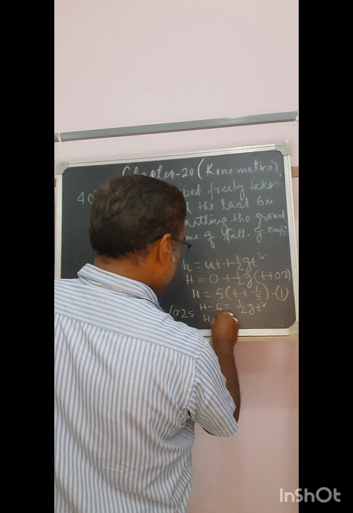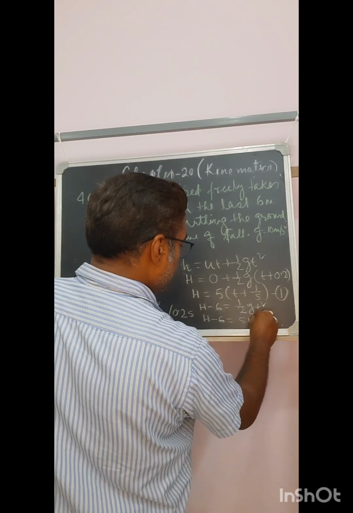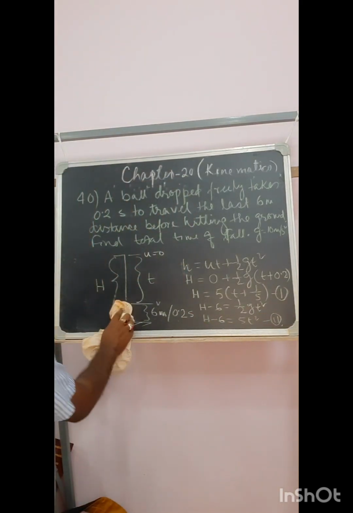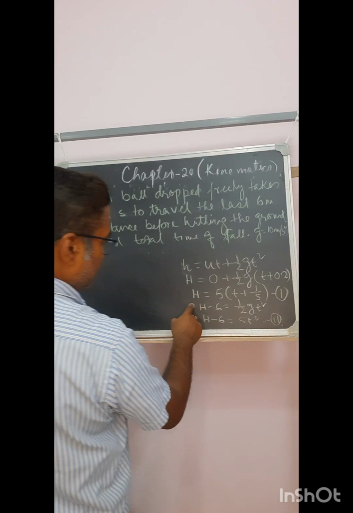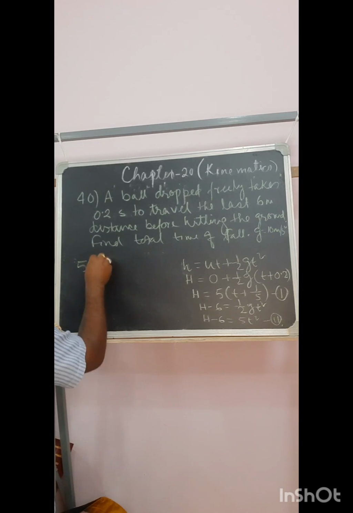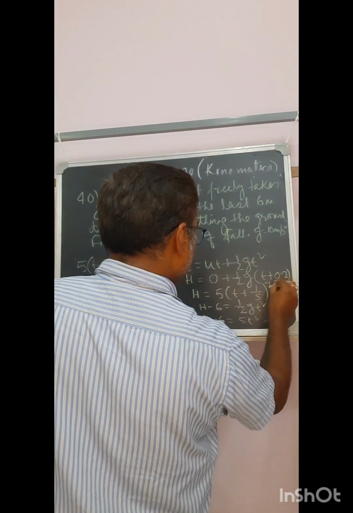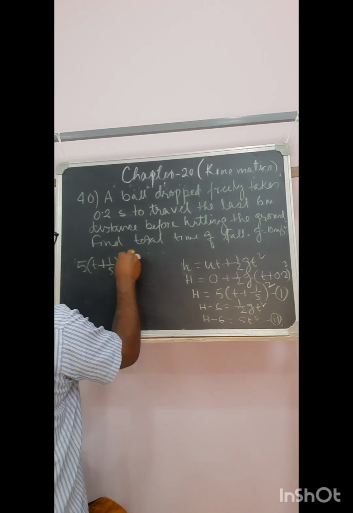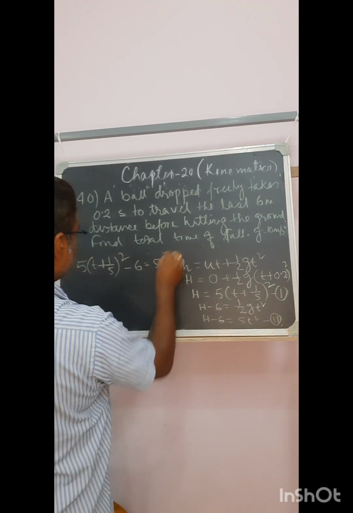If I simplify, h minus 6 is equal to 5 t square, with g as 10. This will be the second equation. Now from these two equations, if I replace h, it will become 5 into t plus 1 by 5, the whole square, sorry, I forgot the square, minus 6 is equal to 5 t square.